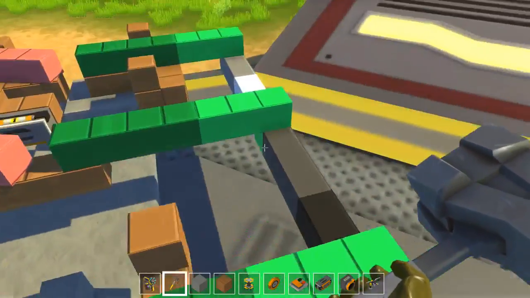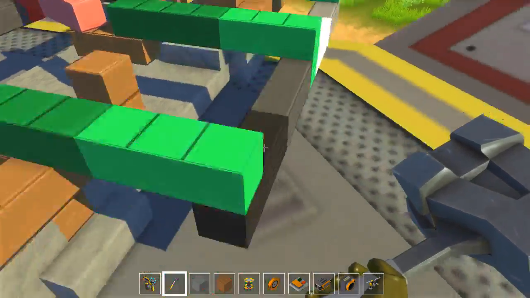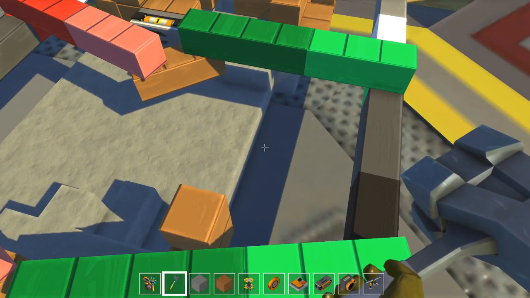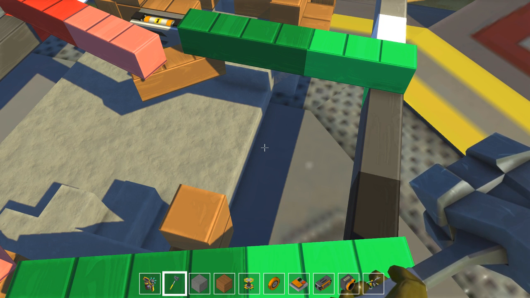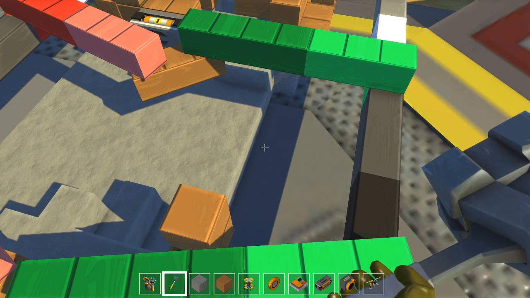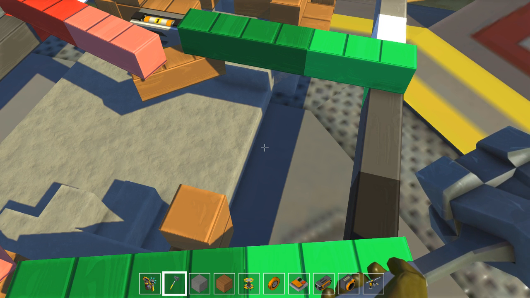That's in 0, negative 1. Now, the trick is that this should not be possible.